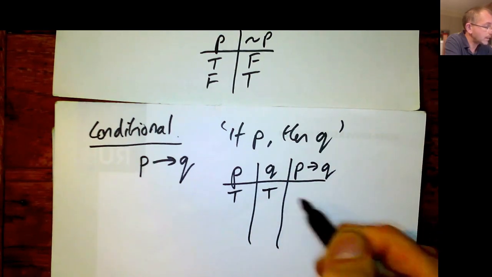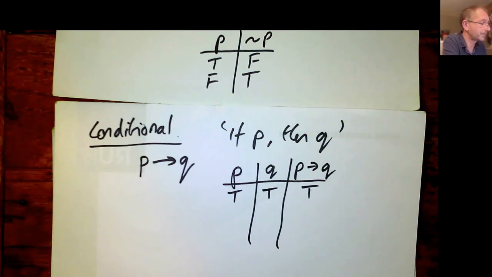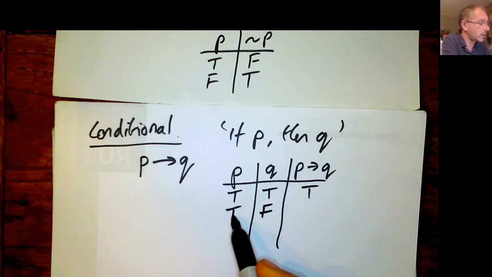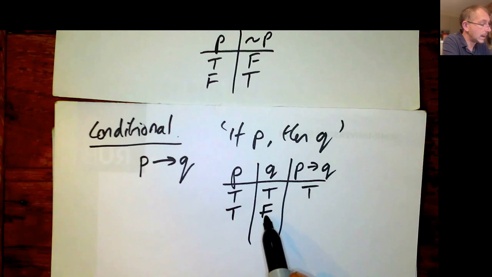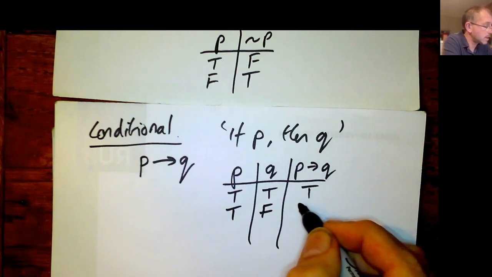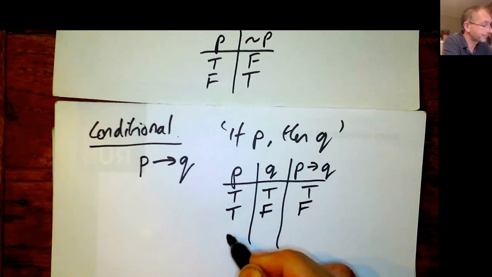So when it works, then my statement is true. The only time it doesn't work is when I know that P is true, then Q is false. So in that case, I mean that this conditional should be false.